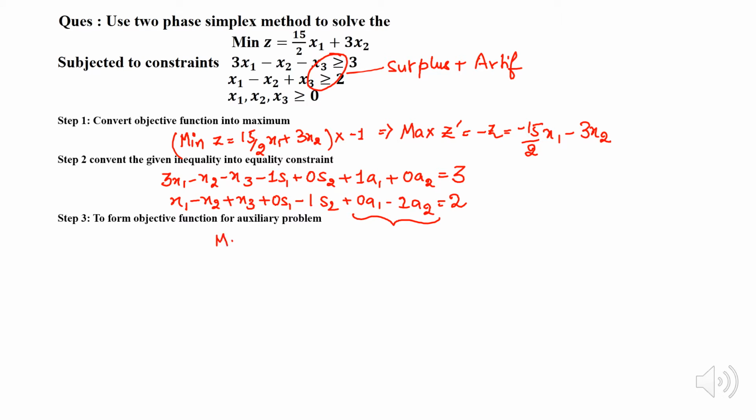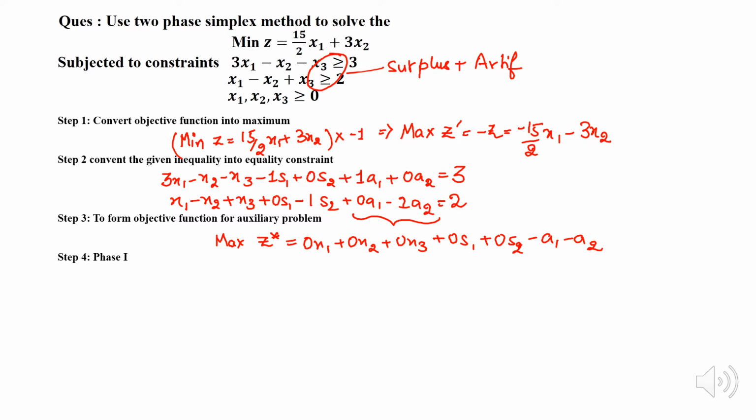So we have to maximize our new function z star, where all the variables except the artificial variables have coefficient 0. Okay, so here I am putting all the coefficients as 0 except for my artificial variables. For them the coefficient is -1. Okay, so that's my new auxiliary problem.